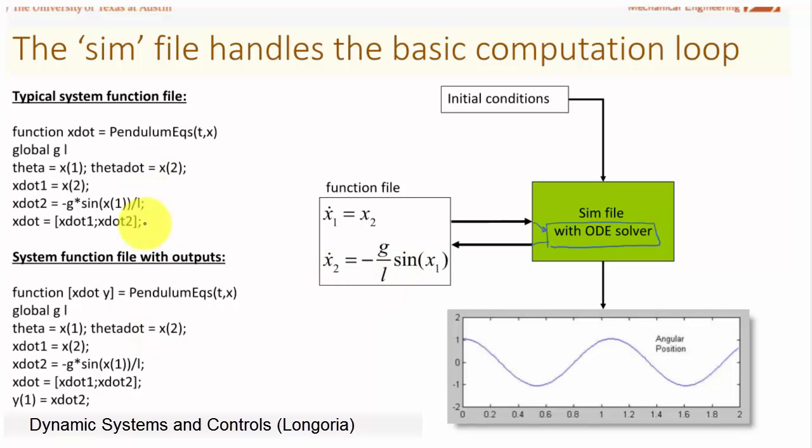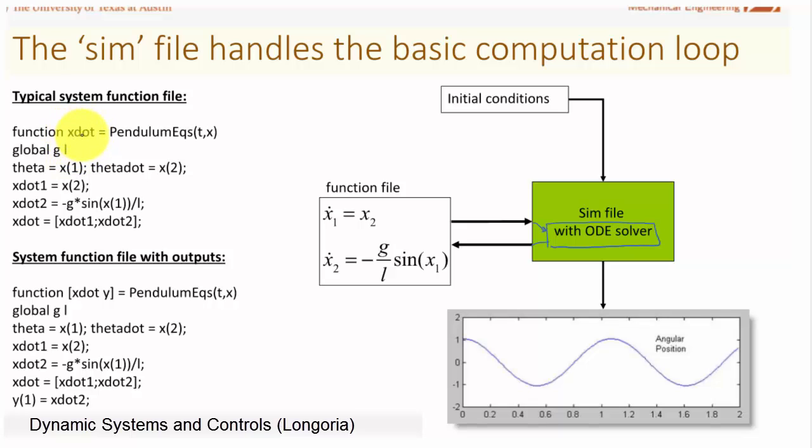I'm showing two different ways that you can build this function file. Each of these files should start off, and this is a requirement of MATLAB, you declare it as a function as the first line, and this term x dot here, you can call this anything, but it's the derivative of x, if you like, and I commonly will use this, but you can use any variable here that you want.